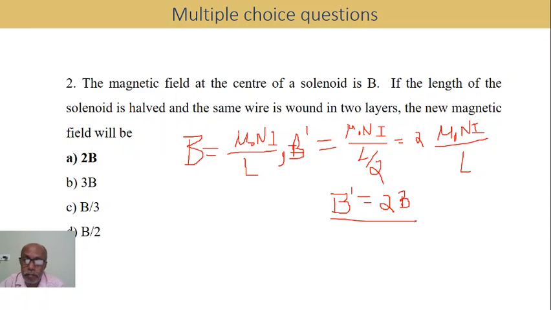This is the new magnetic field, and this is the correct answer.